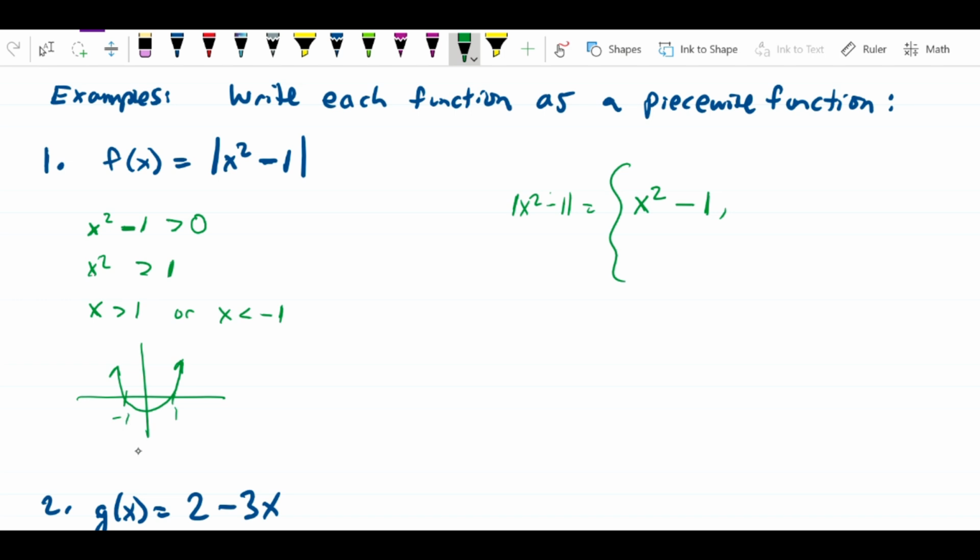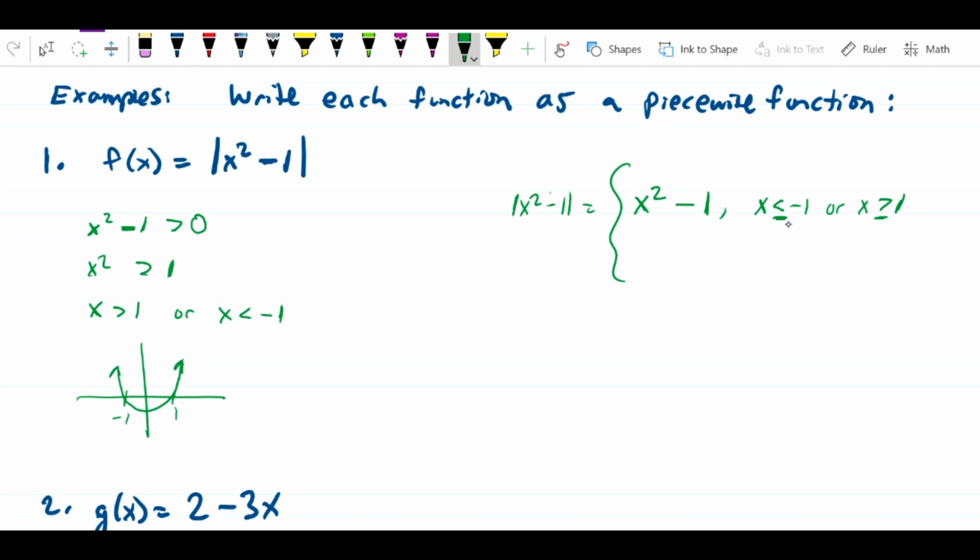So we can say that x squared minus 1 applies wherever x squared minus 1 is greater than 0. That's going to be for x less than negative 1 or x greater than 1. And since it's going to be 0 at those points, I can just put equality into the definition.